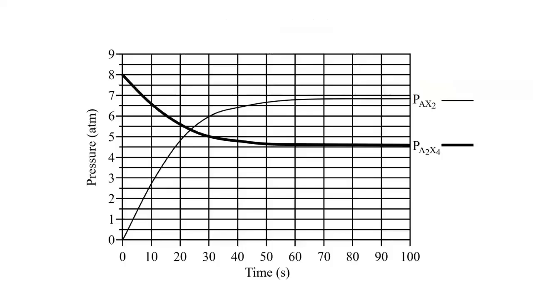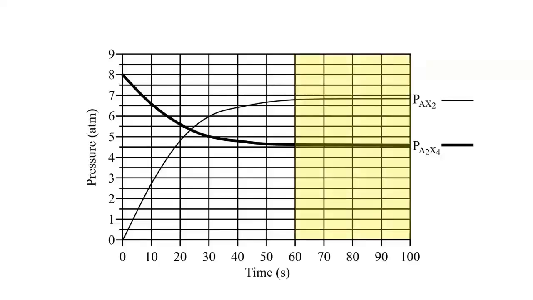Now, here I have a diagram for you. This is not from this particular packet, but it's from the previous packet, and I showed this in a previous video. I'm just using this as an example of you start with a particular amount of either reactant or product. In this case, we began with a total pressure of 8 atmospheres for the reactant, and then as the reaction proceeded, eventually equilibrium was reached.